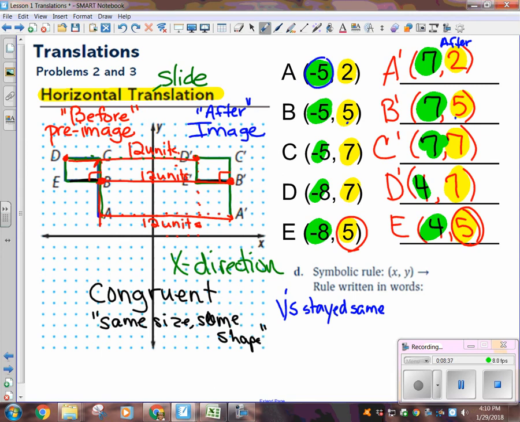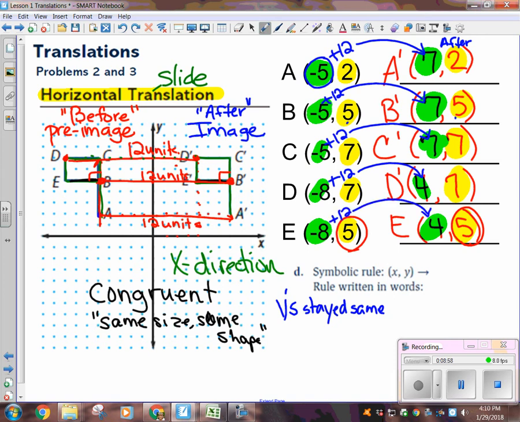So if I took negative 5 and I added 12, wow, I get positive 7. It's the same thing for the next ones because that's the same value. Negative 5 plus 12 gives me 7. What about negative 8? Add 12. I end up with 4.